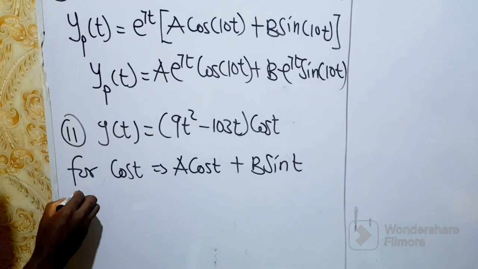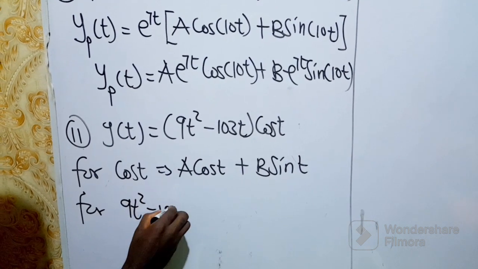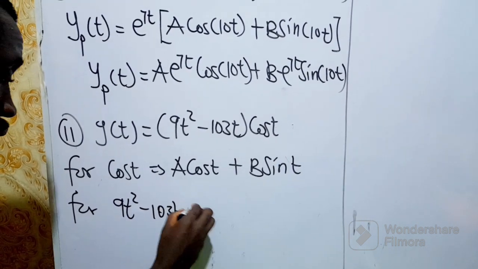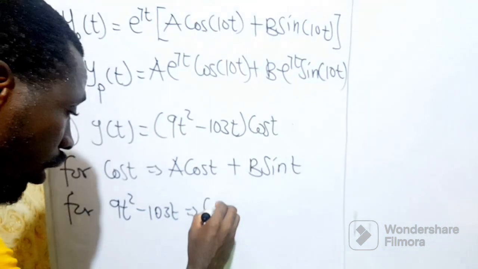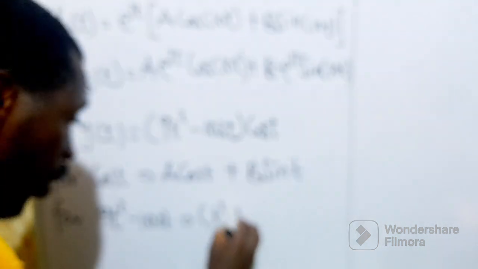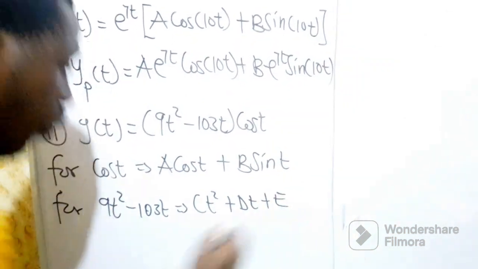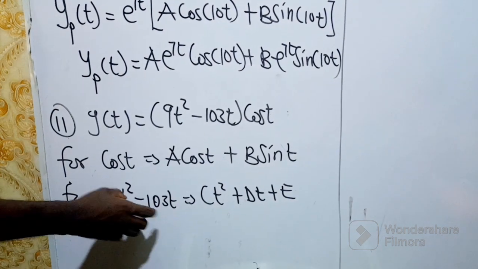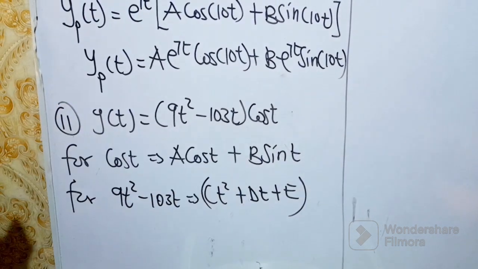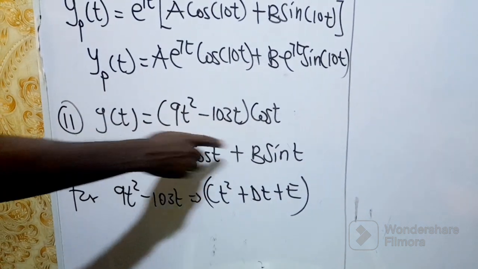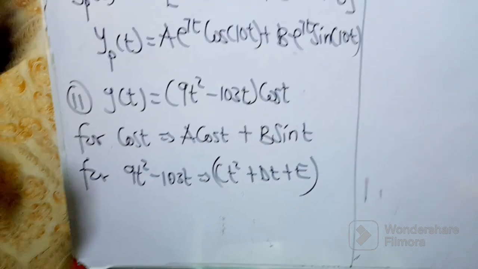So for 9t squared minus 103t, the general form will be c t squared plus d t plus e. So we just multiply this general form of the quadratic function with the general form of the trigonometric function, and that becomes the yp.